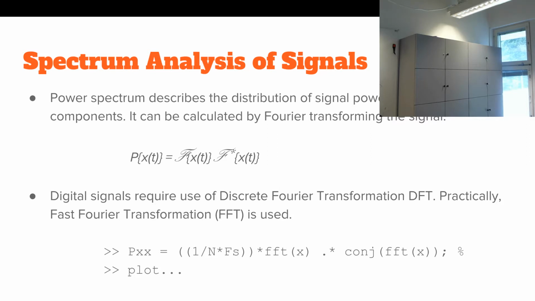Meaning, normal discrete Fourier transformation takes in the order of n to the power of 2 calculations, n being the number of samples, to do the complete discrete Fourier transformation.